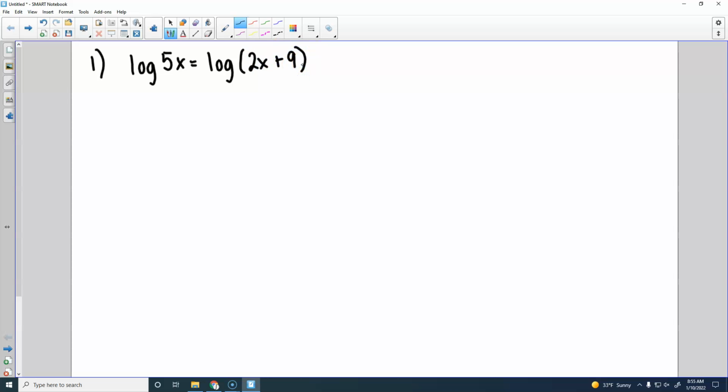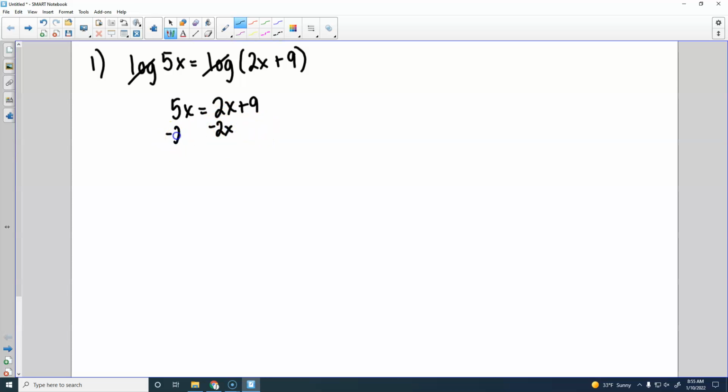And so on these problems, when we have a log on both sides, everything's on the inside of the log. What can we do with those logs? Just cancel those out. 5x is going to equal 2x plus 9.